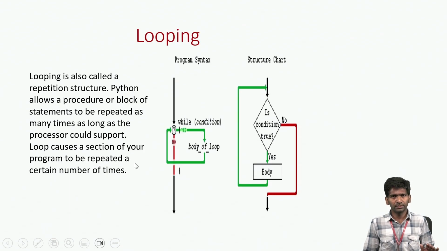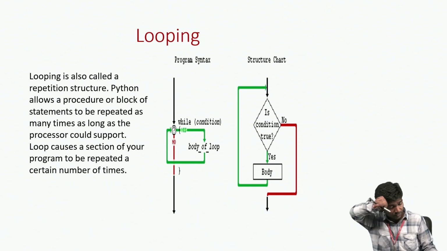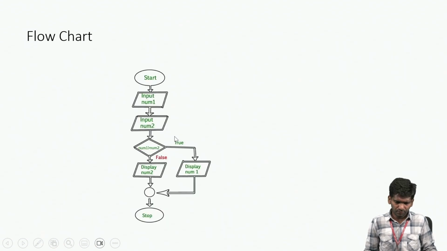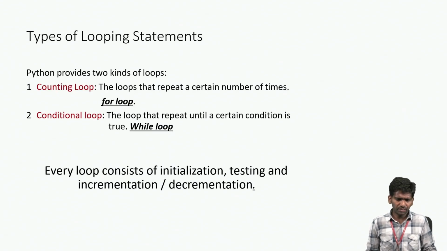Flow chart like this: if the condition is this, I'll do this. Like this you can create a flow chart, and then that flow chart can be implemented in any of these looping statements. When to use for loop, when to use while loop?